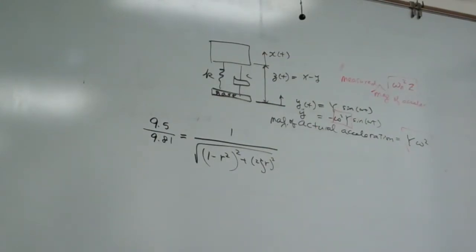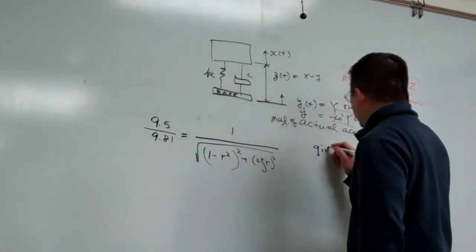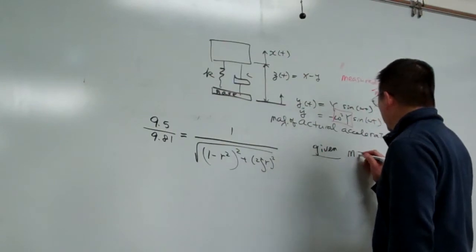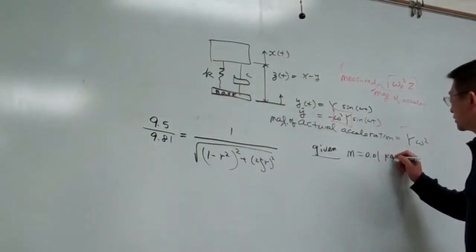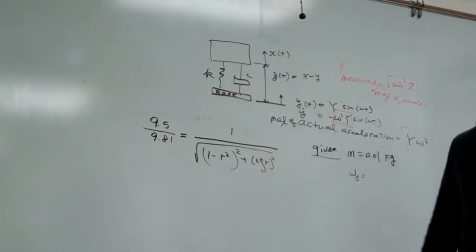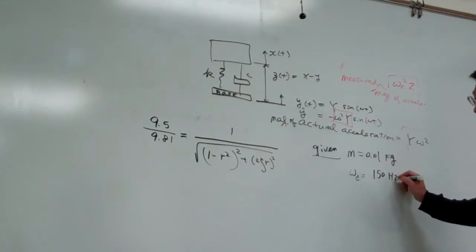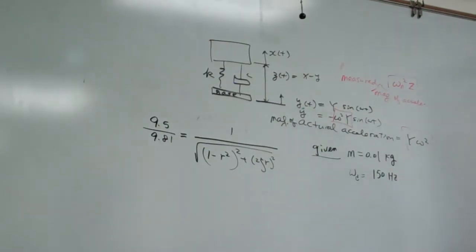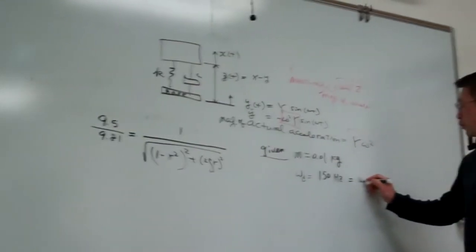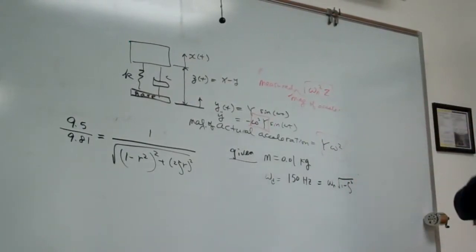So we go back to our problem statement. For this case, we are given m equal to 0.01 kilograms, and omega d equal to 150 hertz, and that equals omega n multiplied by the square root of 1 minus zeta squared.